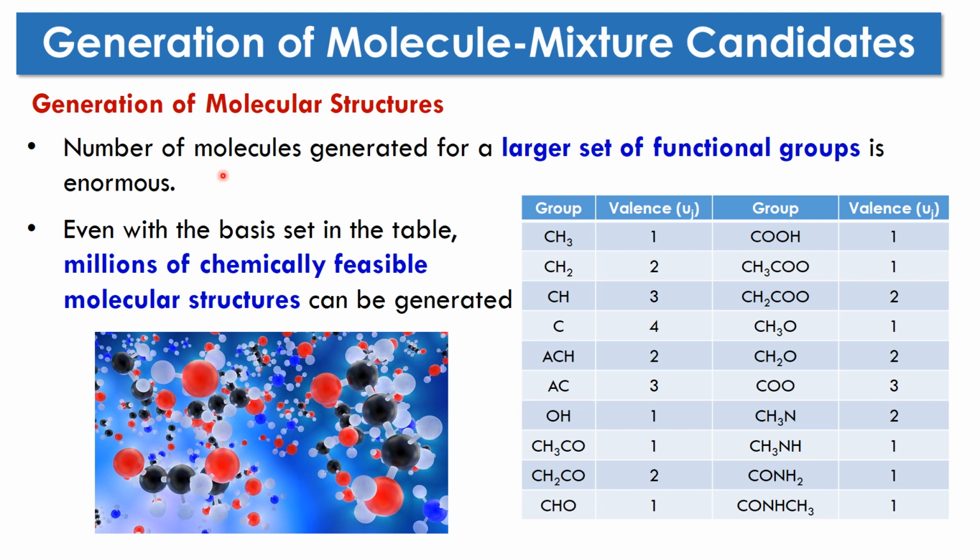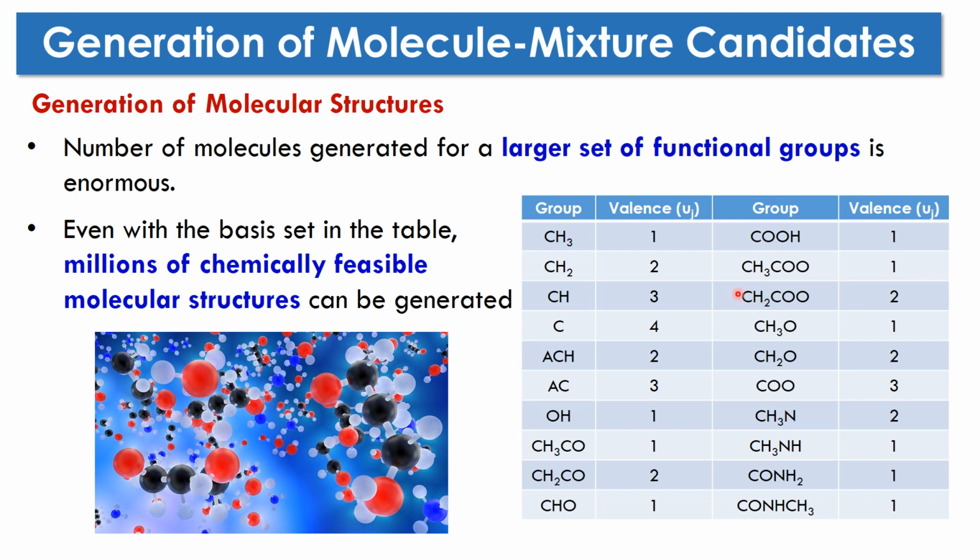Okay, so the number of molecules generated for a larger set of functional groups is enormous, like the example shown in this table, right? So we have how many? 1, 2, 3, 4, 5, 6, 7, 8, 9, 10, 20. So in this example, we have 20 groups in this basis set.